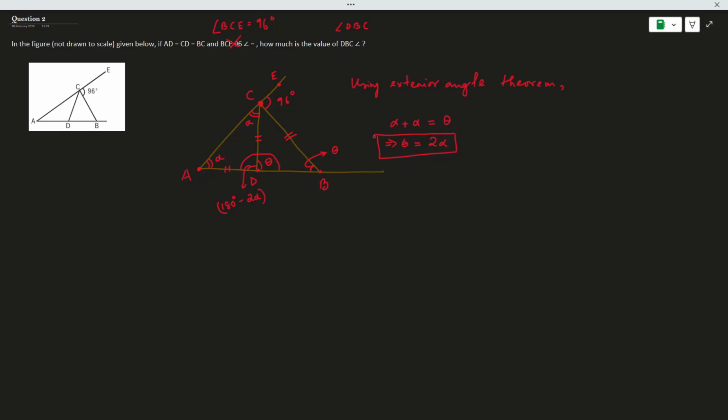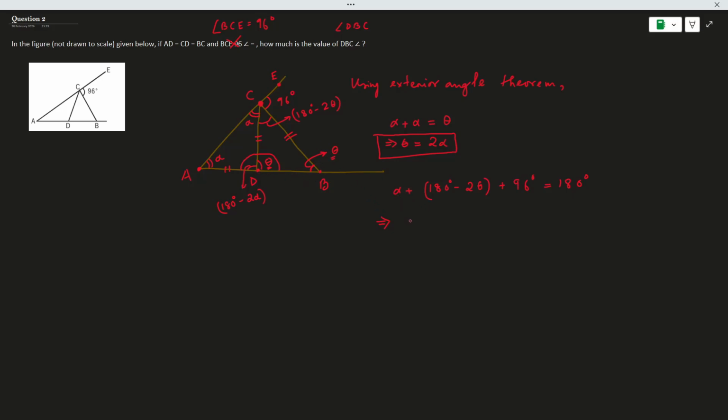Okay. Now this angle is theta. This angle is theta. Here we have theta. What will be this angle? This angle will give me 180 degree minus 2 theta. Okay. Now this is a linear angle, or I can say a straight line. So I can say alpha plus 180 degree minus 2 theta plus 96 degree will give me 180 degree straight line, and DBC means theta.